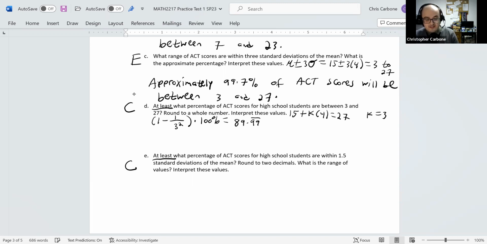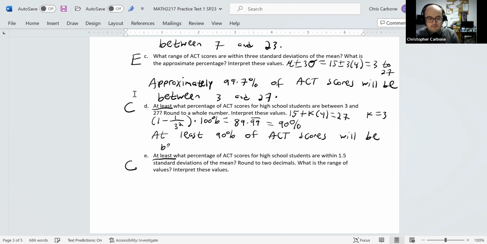Since I want to round to the whole number, this would round to about 90%. So at least 90% of ACT scores will be between 3 and 27.